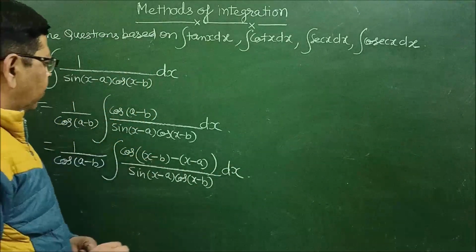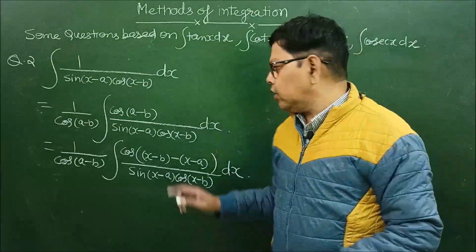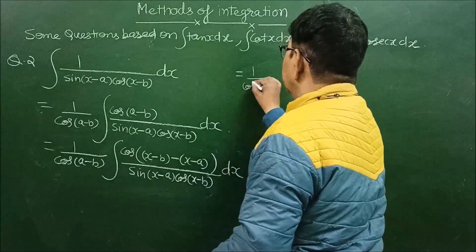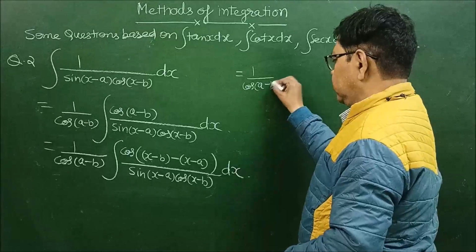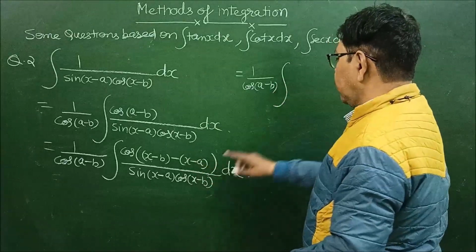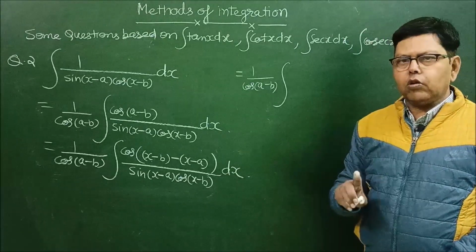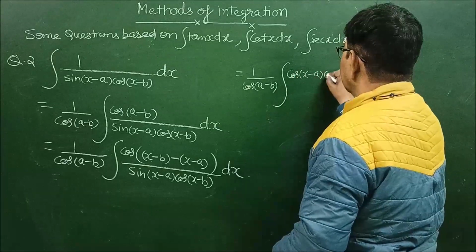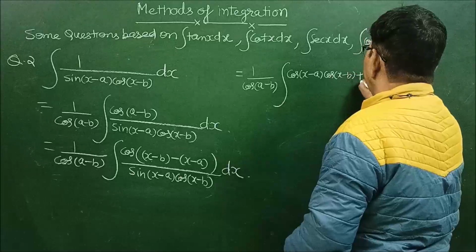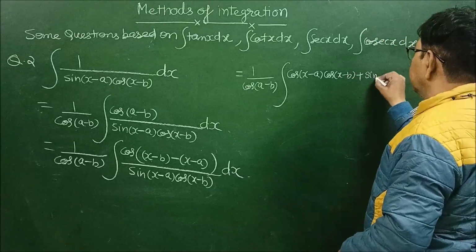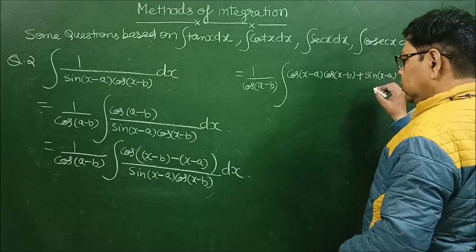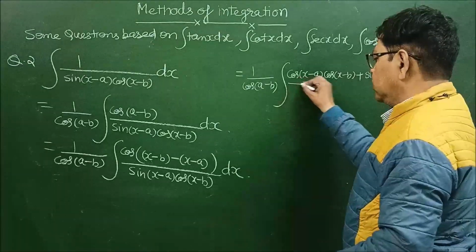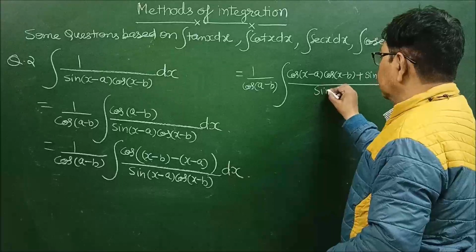Now using the formula of cos(A minus B), we can expand the numerator, which is equal to 1 upon cos(a minus b) into, in the numerator, cos A cos B plus sin A sin B. So I can write this as cos(x minus a) cos(x minus b) plus sin(x minus a) sin(x minus b) upon sin(x minus a) cos(x minus b).